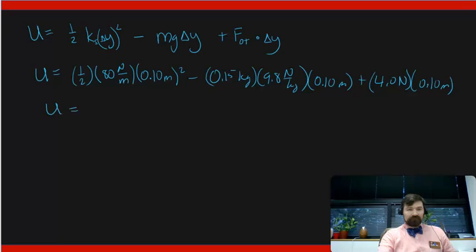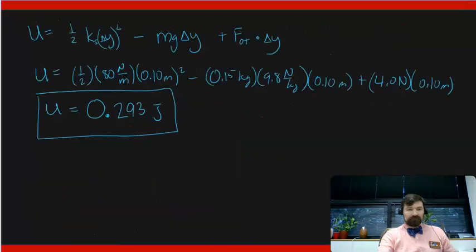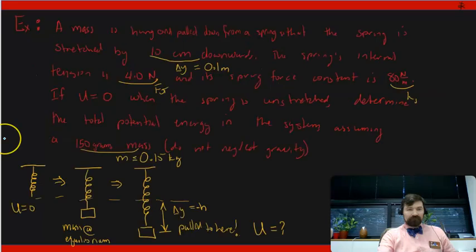And so we would need to then calculate all of this. And when you do all of that in the calculator, you get 0.293 joules relative to when this whole system is unstretched. And it's 0.293, it's positive. What that essentially means is that this will tend to compress upwards if released.